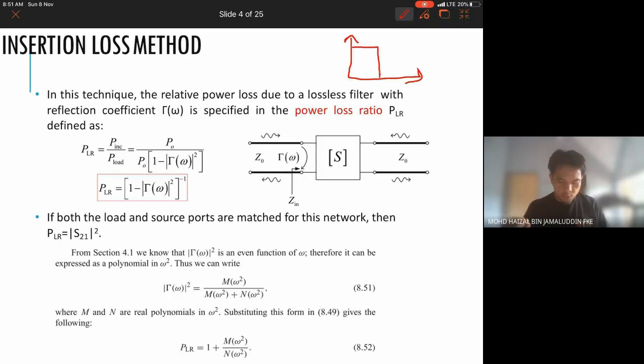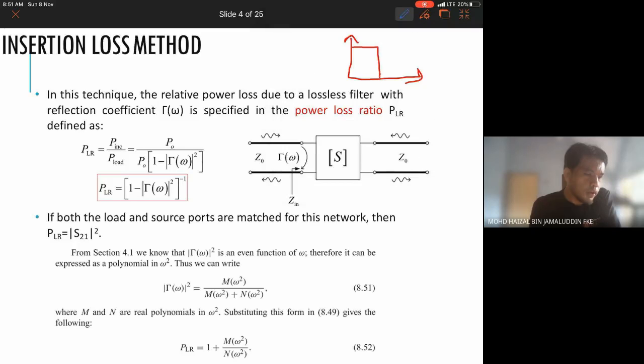We want to have an insertion loss of 0 in the pass band and infinite attenuation in the stop band. So this is the ideal case of the low pass filter. Unfortunately, in the real world, we cannot get this kind of filter.